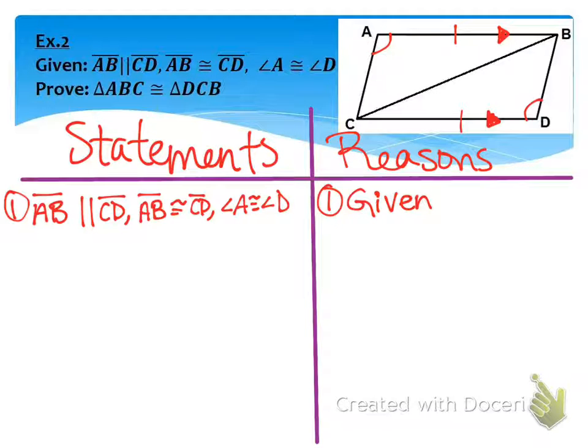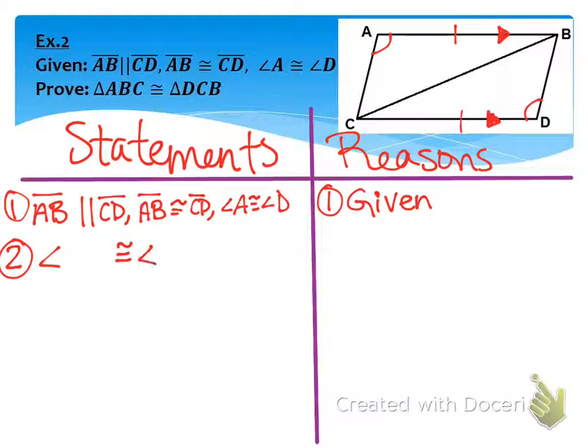Remember yesterday before your quiz, I reminded you that anytime you have parallel lines with a transversal cutting them, it forms congruent angles. So we have a pair of congruent angles here that we need to be able to list out, and list why.